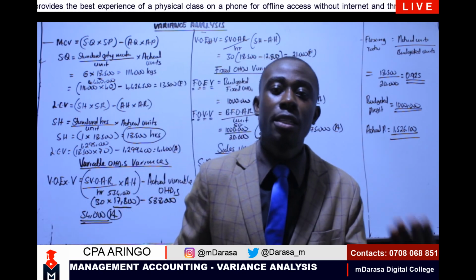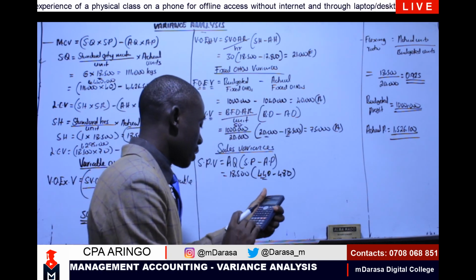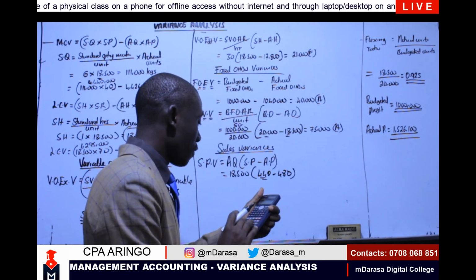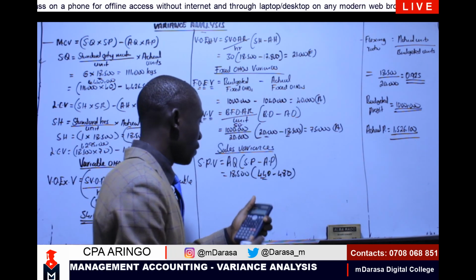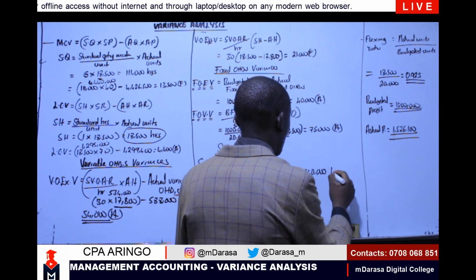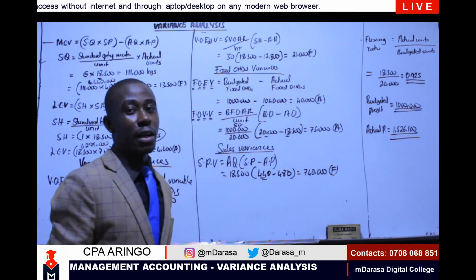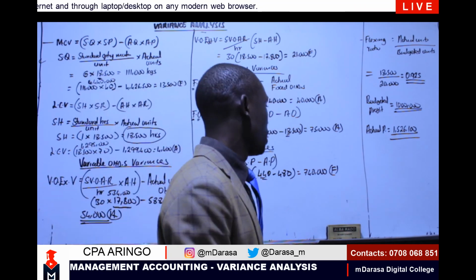And as such, it is in favor of you. That's why you're terming it as what? As a favorable variance. A favorable variance of how much? A favorable variance of 440 minus 480 to give us a figure of 740,000. 740,000 favorable variance.